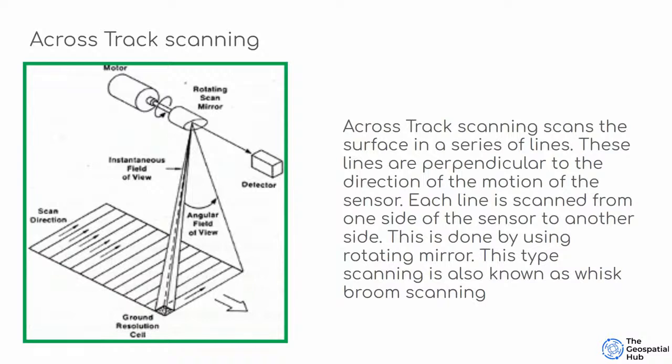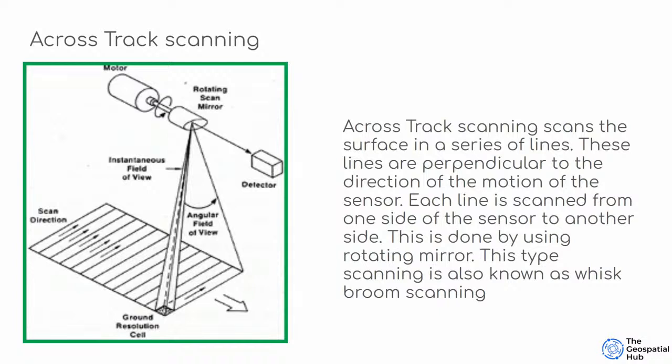So across track scanning is also known as whisk broom scanning, like I mentioned earlier. It scans the earth in a series of lines, and these lines are oriented perpendicular to the direction of motion of the sensor's platform. That is why it has the name across track.